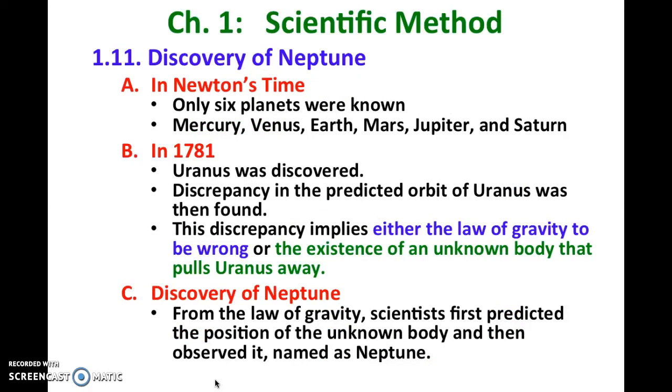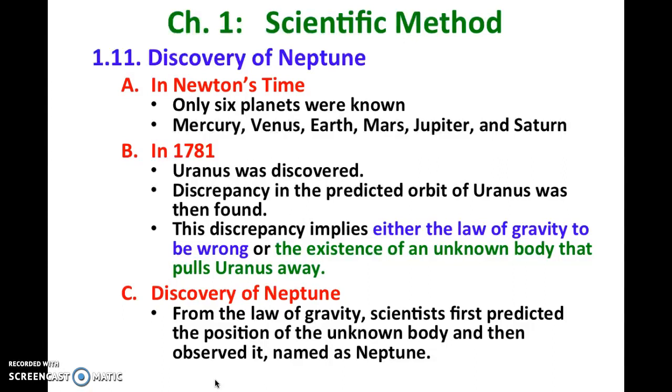The law of gravity also played an essential role in the discovery of Neptune. In Newton's era, only 6 planets were known. They are Mercury, Venus, Earth, Mars, Jupiter, and Saturn. In 1781, the 7th planet, called Uranus, was discovered. However, the theoretically predicted orbit of Uranus was not consistent with observations.